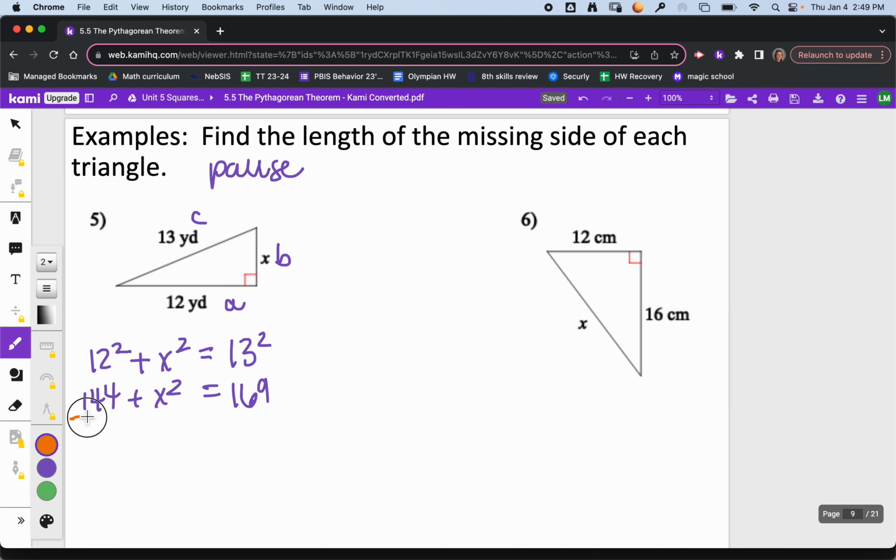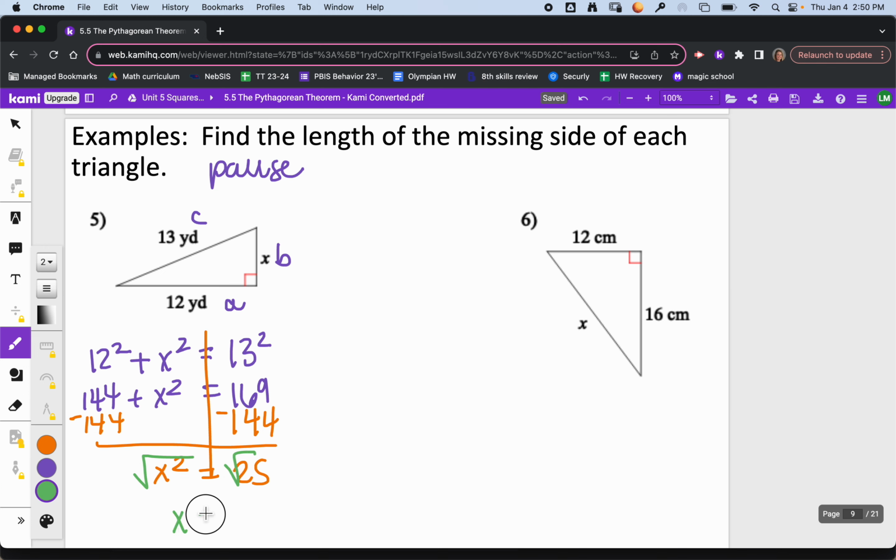Next step, subtract 144 from 169 to see how much my leftovers are. 169 minus 144 is going to give me 25. So x squared equals 25, and the square root of that gives x is equal to 5.